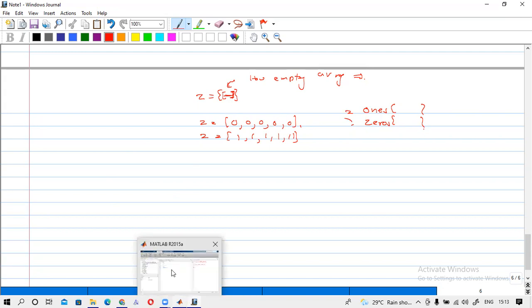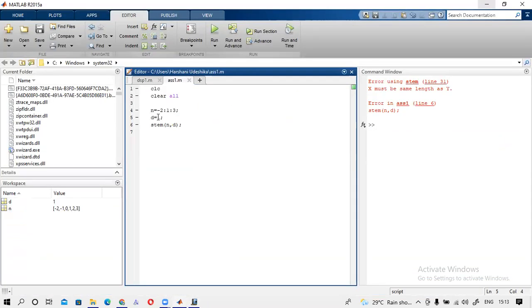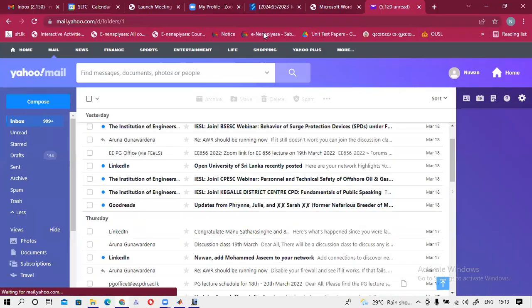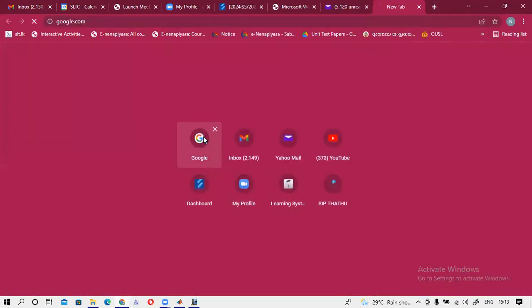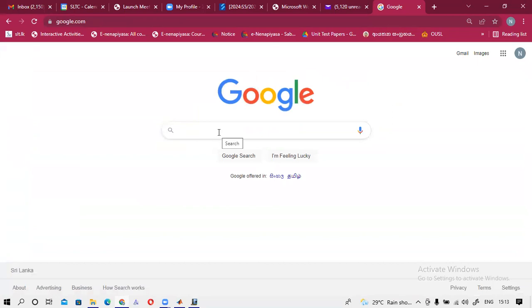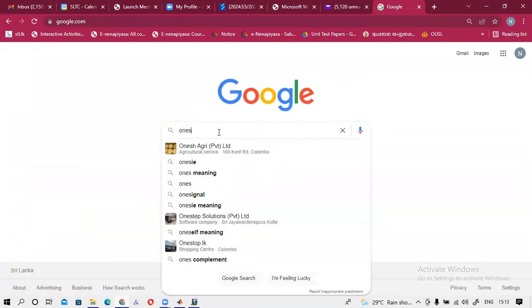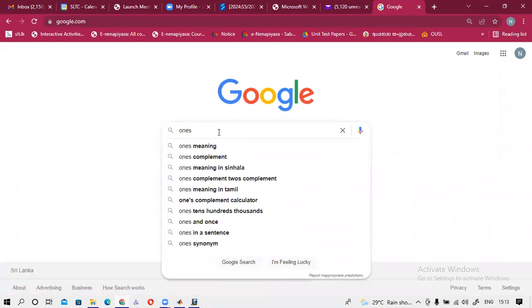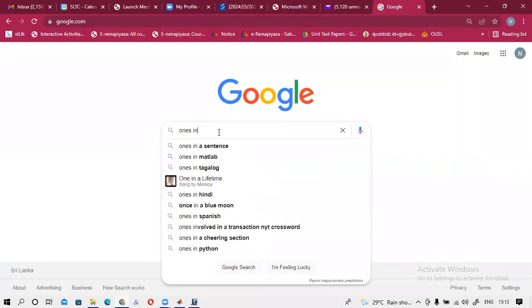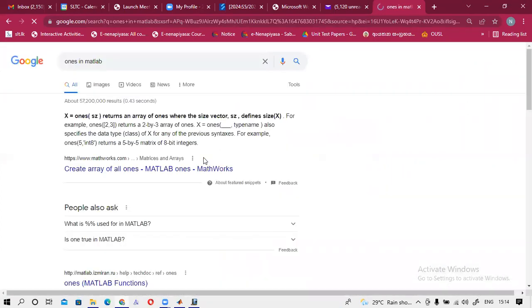Here also we can use ones, because we need ones for this array. I can't remember the syntax, so I will go my normal way: I type ones in Matlab.